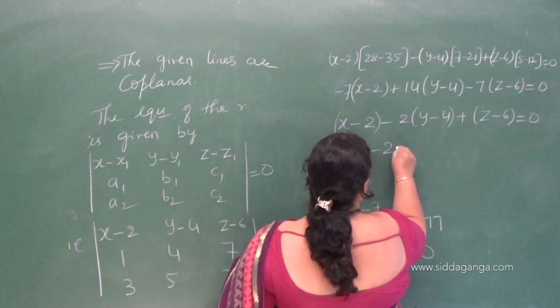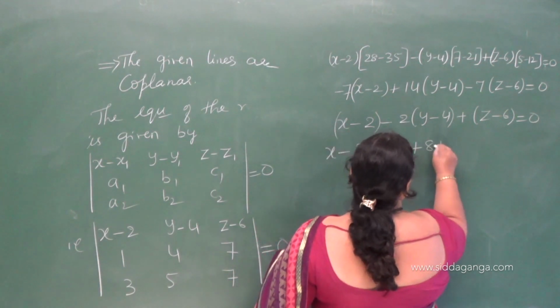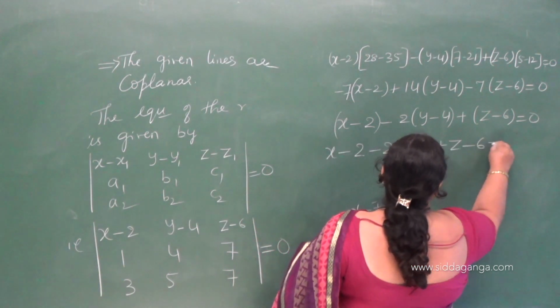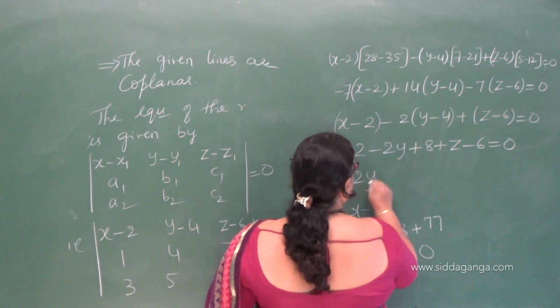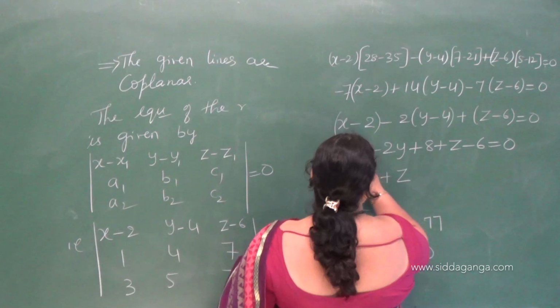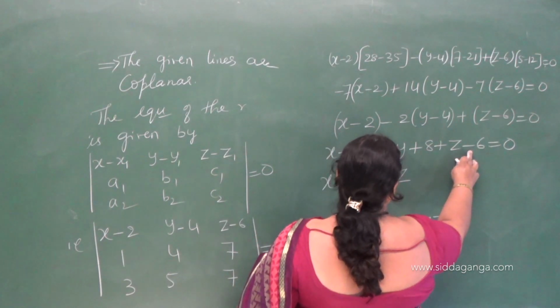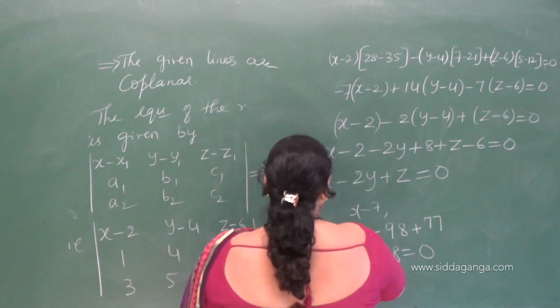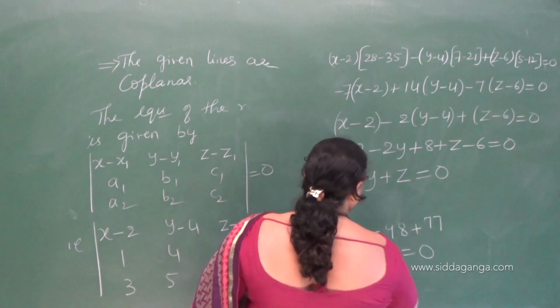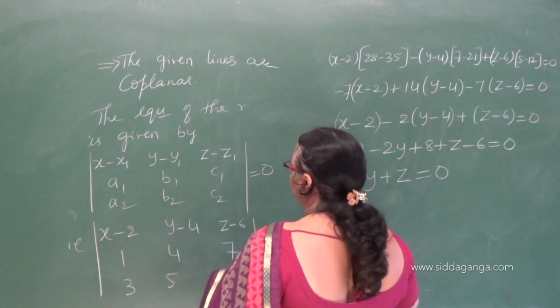So minus 2y plus 8 plus z minus 6 equal to 0. x minus 2y plus z minus 2 minus 6 plus 8, that is 0. So this is the required equation of the plane.